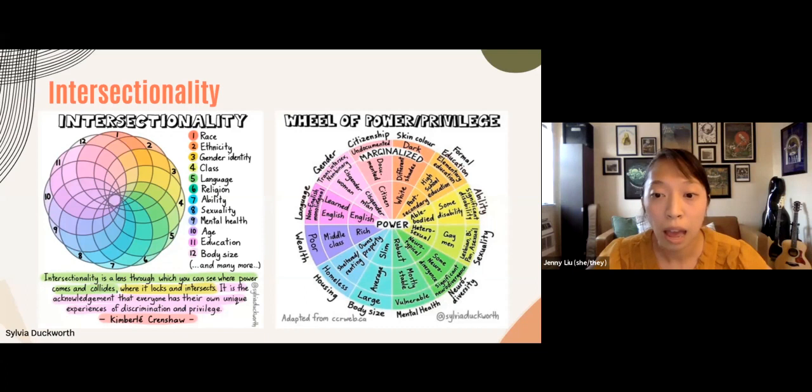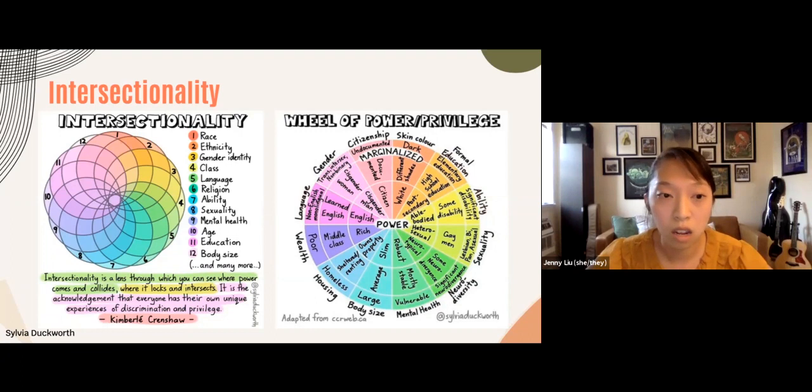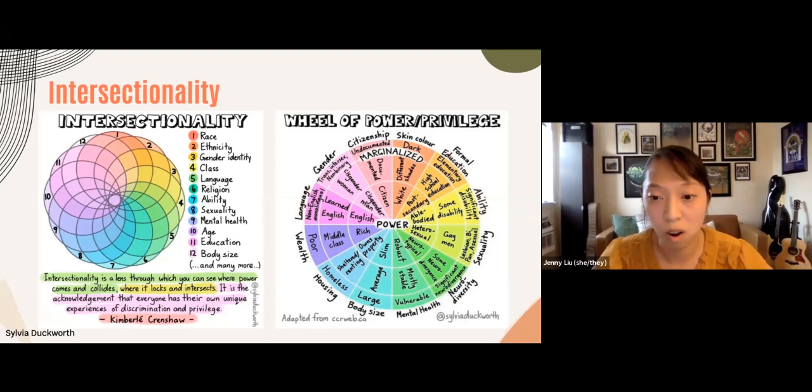with origins from as early as the 1890s in different Indigenous communities as well. It describes the interconnected nature of identities, including, in the image, it says race, ethnicity, gender identity, indigeneity, sex, class, language, religion, ability, sexuality, mental health, age, education, body size, neurodiversity, housing, income, immigration status, and so much more.